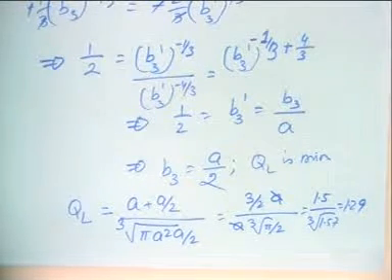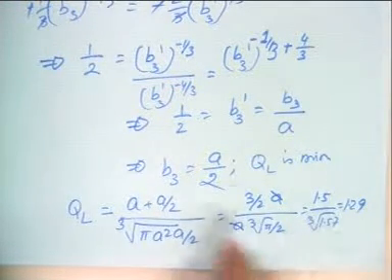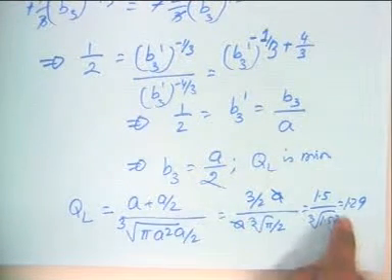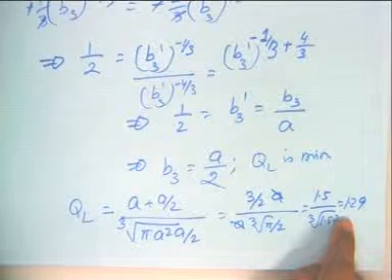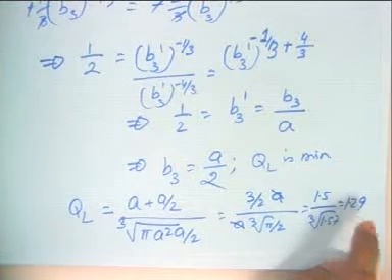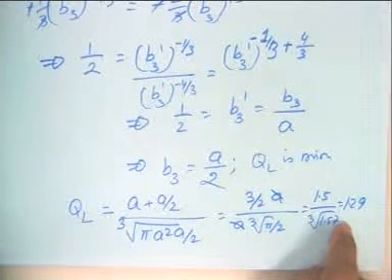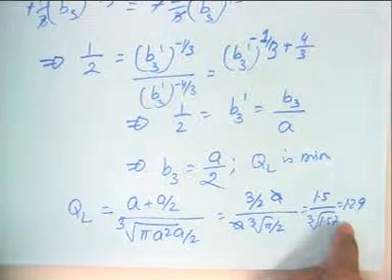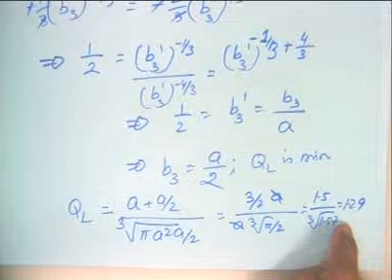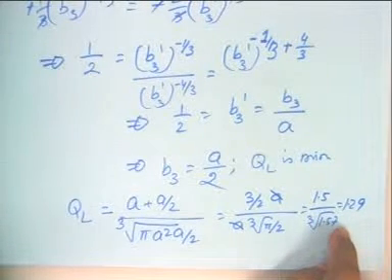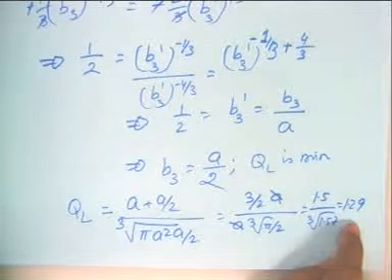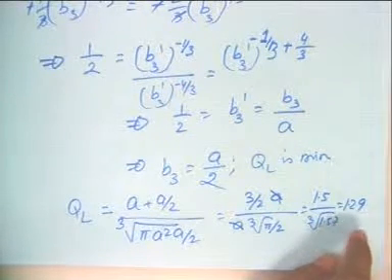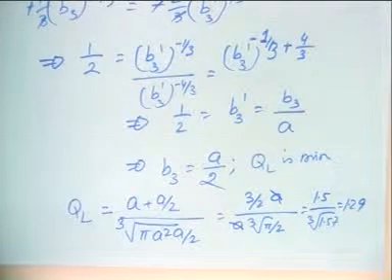It will be minimum when B3 is equal to A by 2 and the minimum value is 1.29, which means even for the minimum value of QL, this is not as good as articulated robot, it is better than the Cartesian robot.